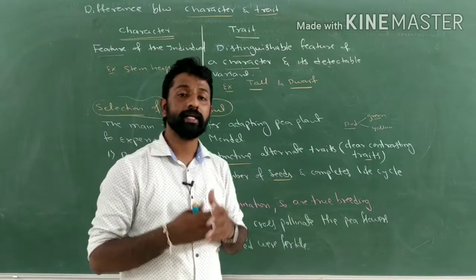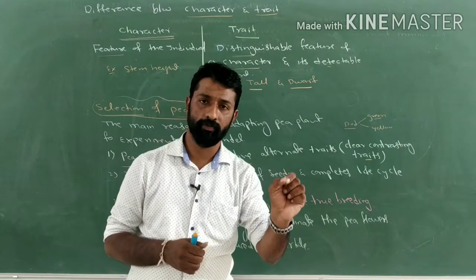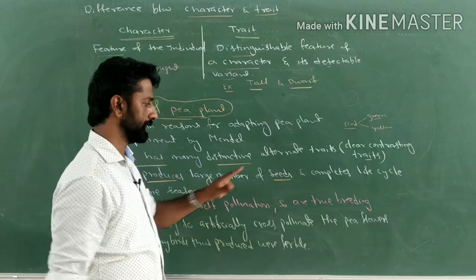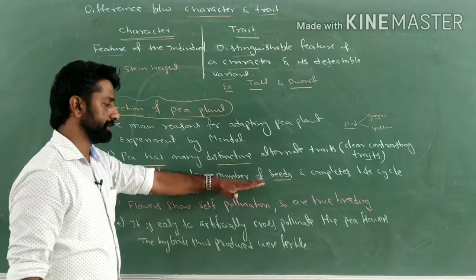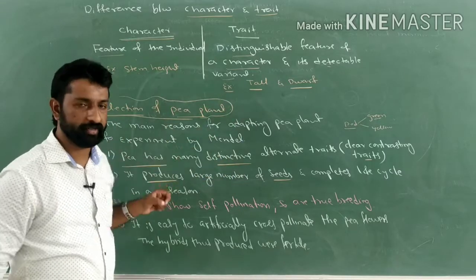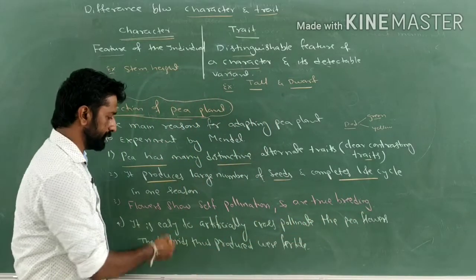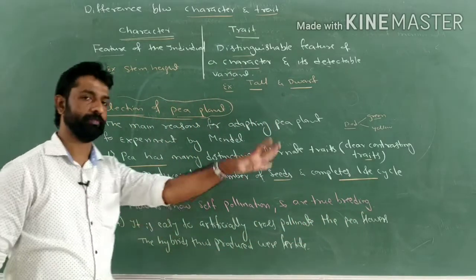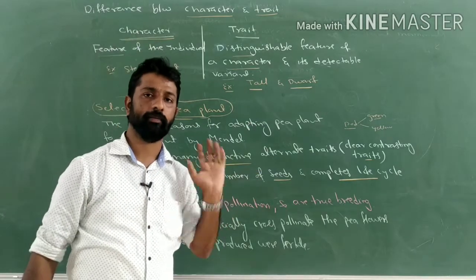When the sample size is more, the chance of errors will be very small. So he selected a plant which can produce a large number of seeds, and that quality is present in the pea plant. And one more interesting feature is that this pea plant completes its life cycle in one season only. This is the most important feature he looked for in that pea plant.